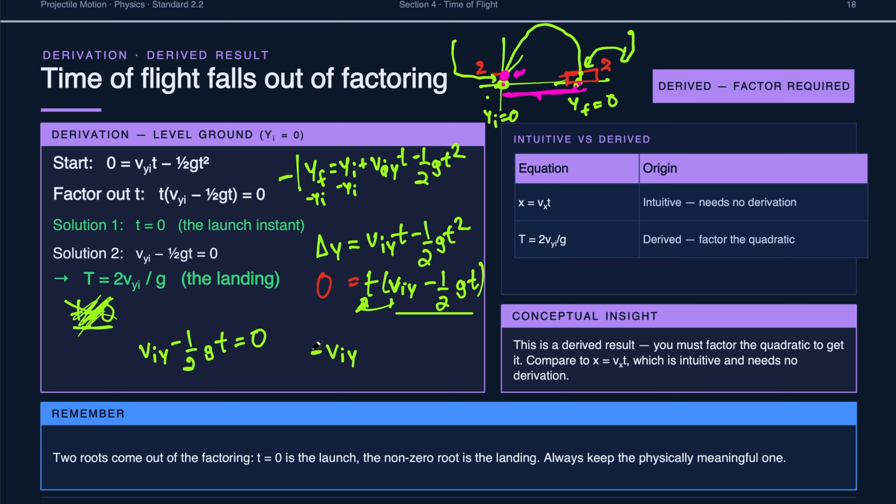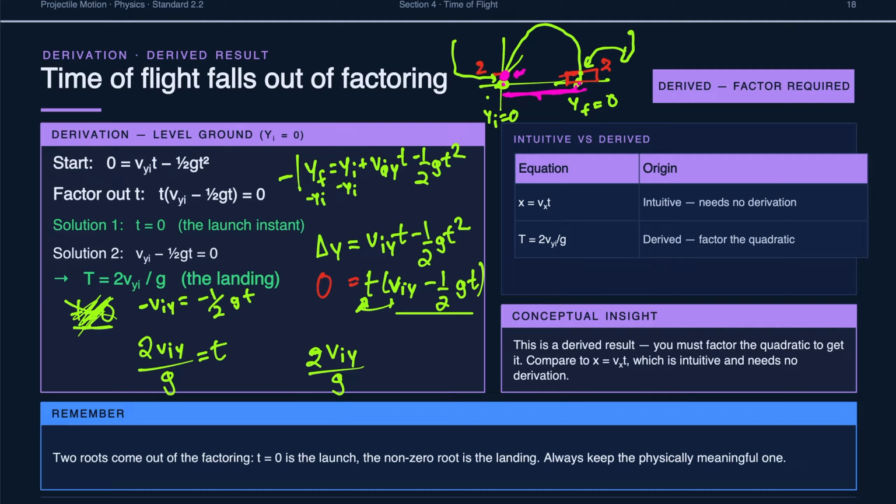If it's a bit confusing what I just did there, I subtracted viy, so it became negative viy is equal to negative 1/2 gt. And then I just multiplied by negative 2 to clear this. So 2 viy over g is equal to t.